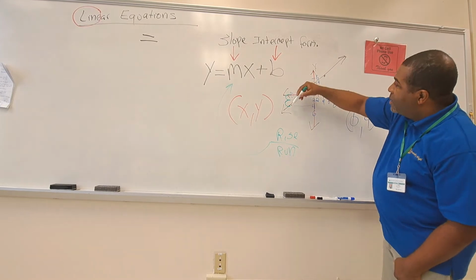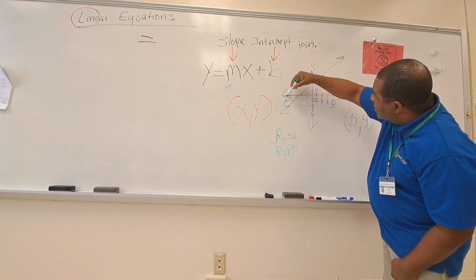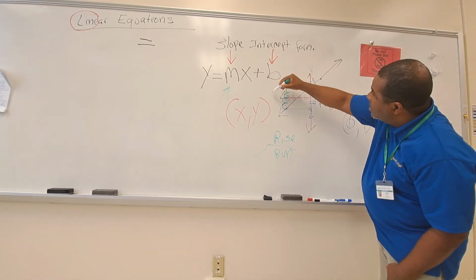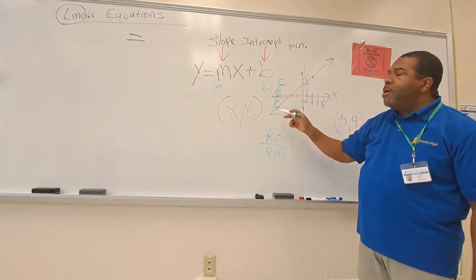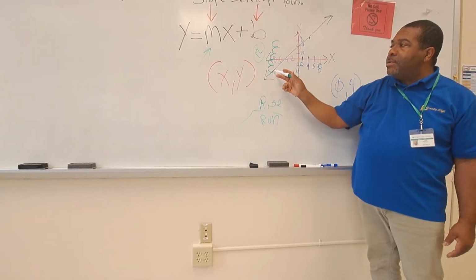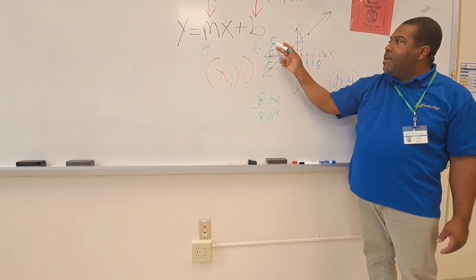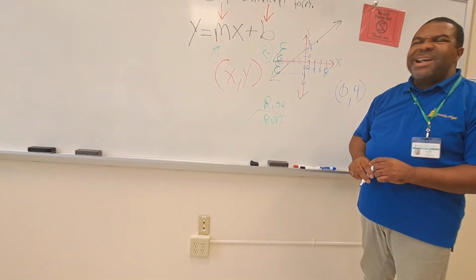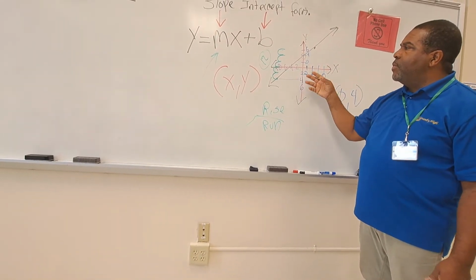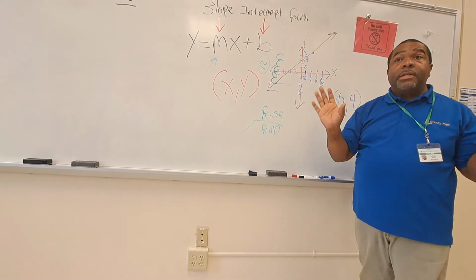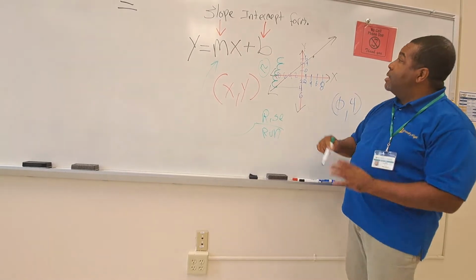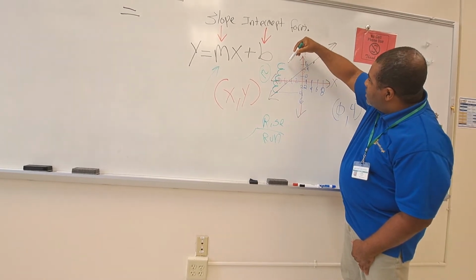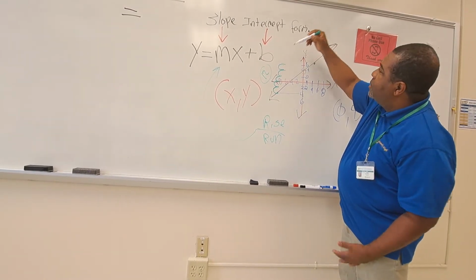I should say 2, 4, 6, 8, 10. Wait, I went up 10 spaces. Oh, should be 10. Okay.